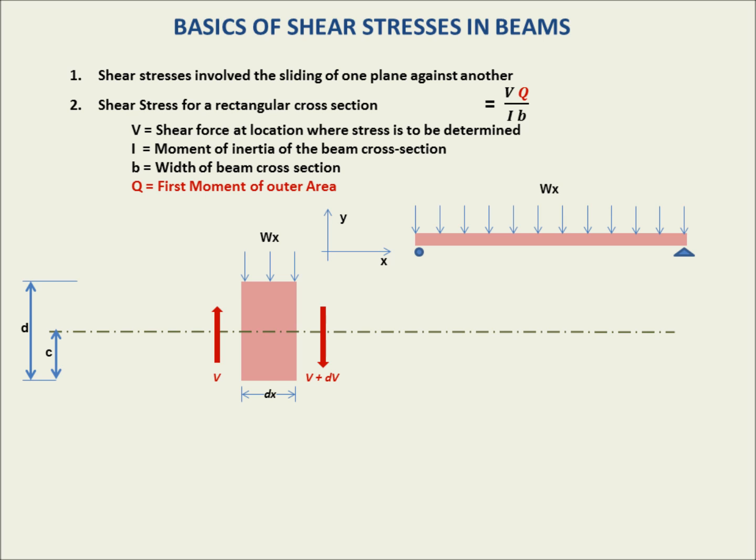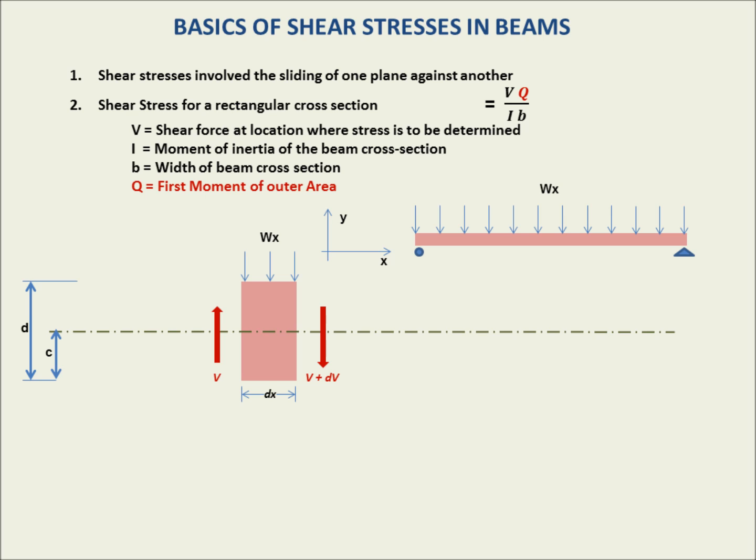So dV is basically the integral of Wx dx. dV is there because we have a force per unit length, and we also have a length between the left side and the right side. Therefore, there will be an additional shear force, dV.